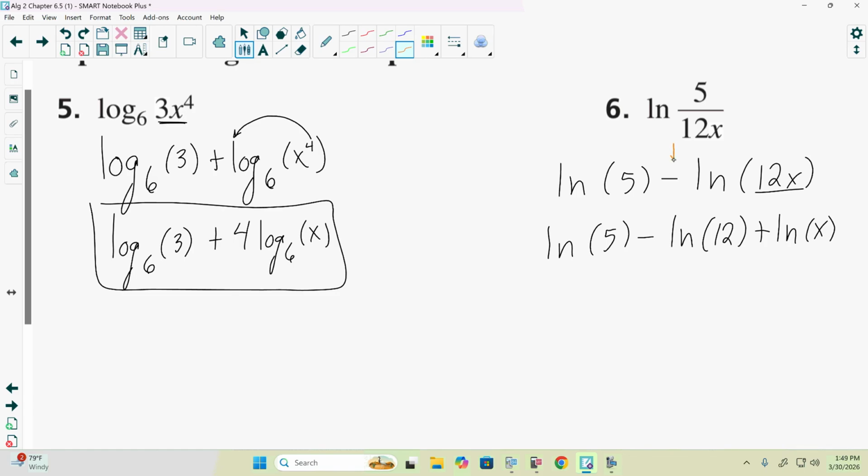But this natural log has the minus in front of it to start with, yes?